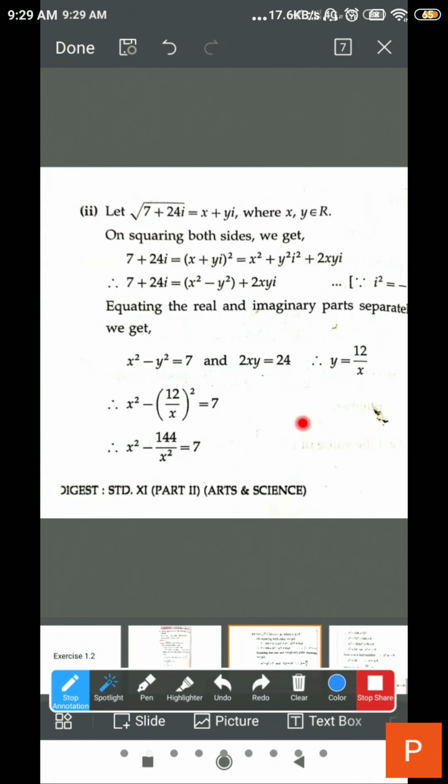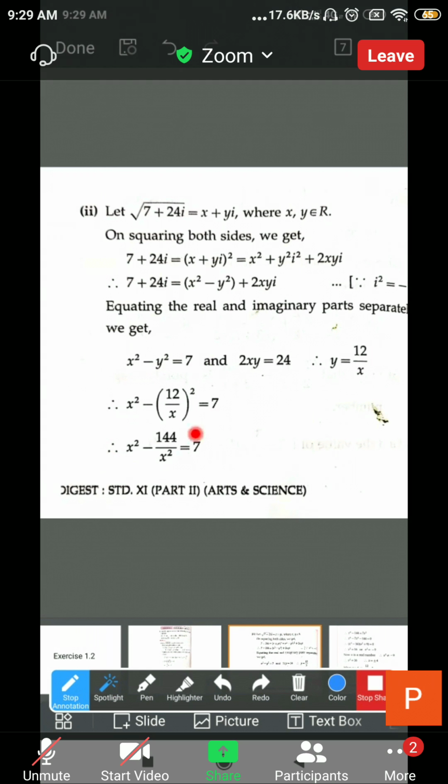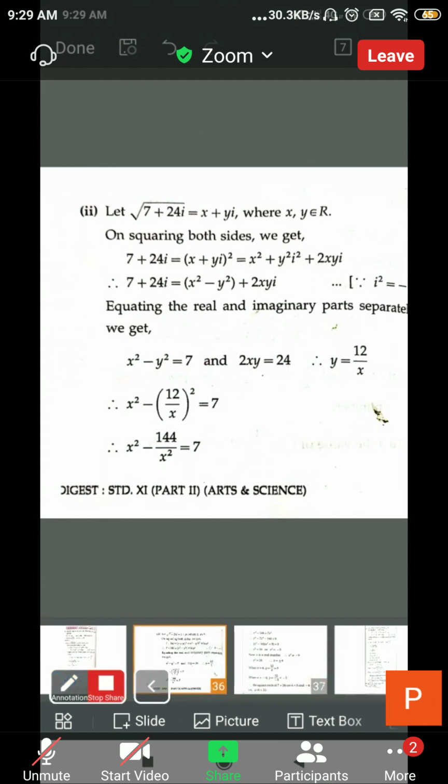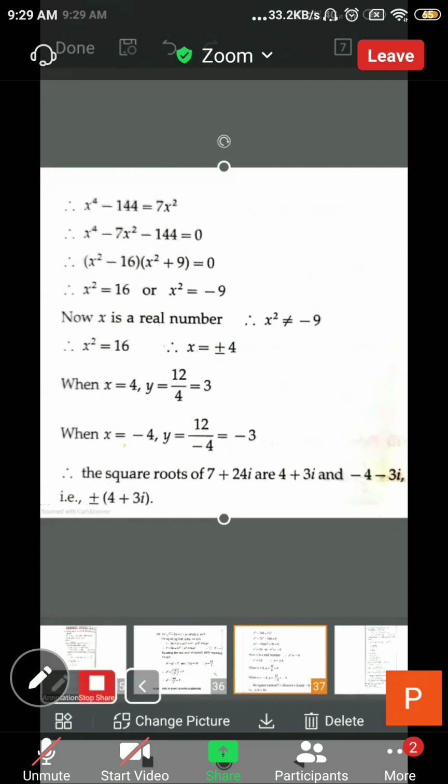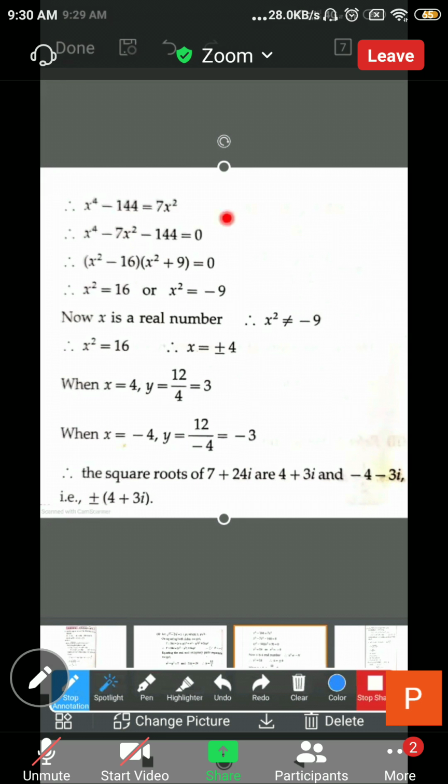Now multiply the equation throughout by x square. Then you are going to get x raised to 4 minus 144 is equal to 7x square. Write it in proper form. With 7x square shifted to the left hand side, x raised to 4 minus 7x square minus 144 is equal to 0. Again, you are going to factorize it.